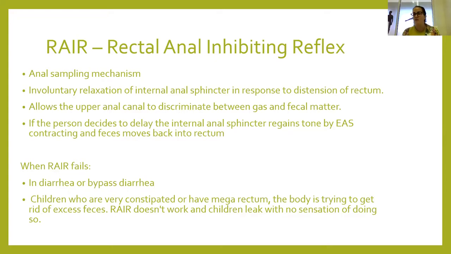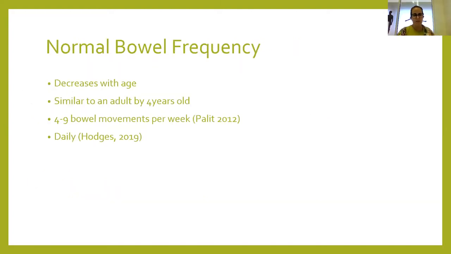This inhibiting reflex doesn't work, and they often can have a leak. So that's a leak of normally poo coming out. You'll feel that's normally when you're seeing those skid marks or a little bit of runny poo coming out into either their nappy or their pants. You'll get that leak.